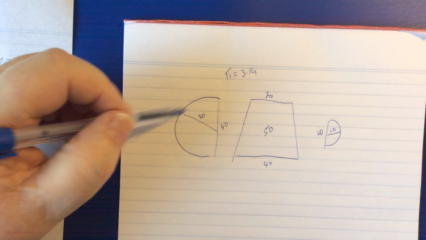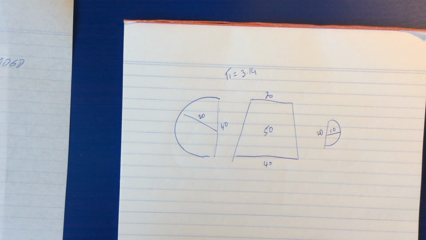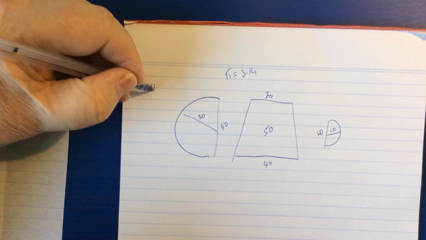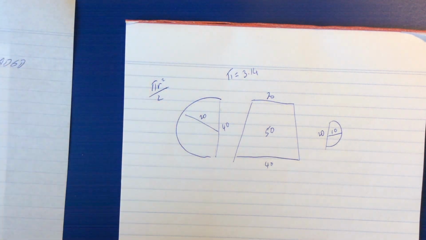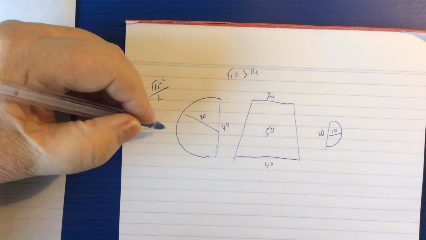Right, we're going to work out the area of this semicircle. The formula we need is pi r squared over 2 for a semicircle. So let's go. Pi times 20 squared, 400, equals 400 pi divided by 2, which is 200 pi.